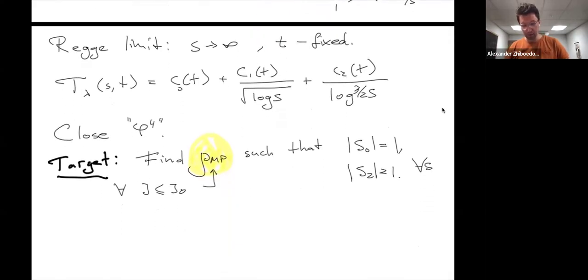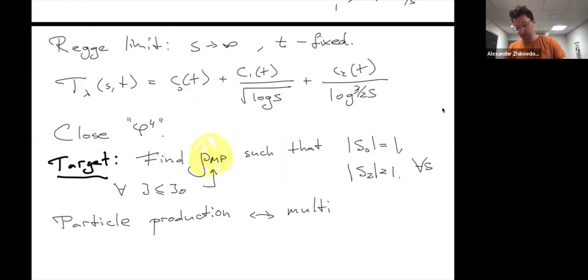And from this point of view, it seems that if we want to understand questions like particle production, we need to understand something about this multi-particle physics a bit better, some input. Maybe we need to extend the equations or add some extra assumption.